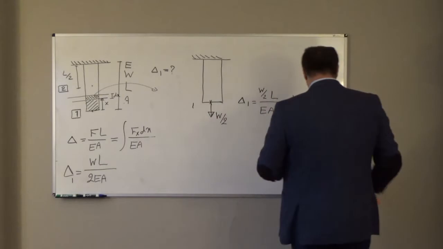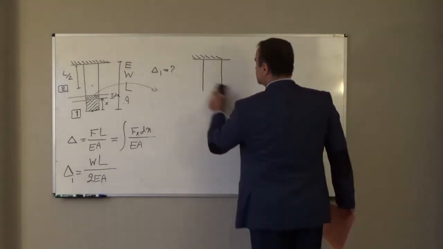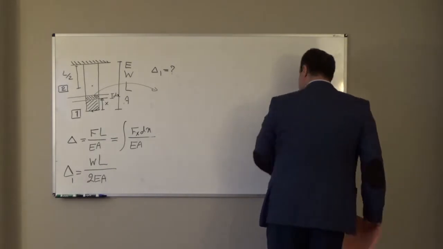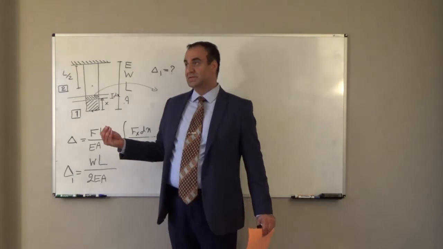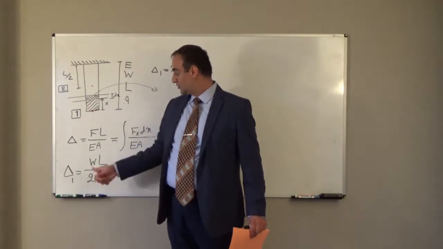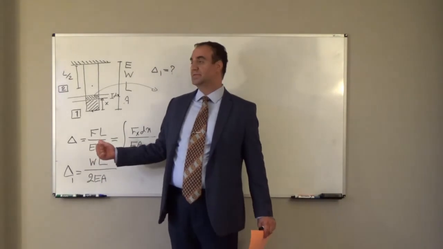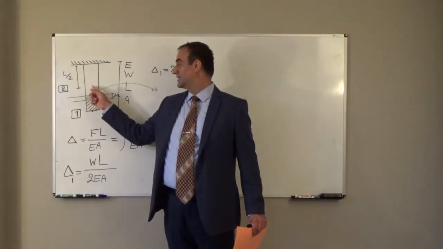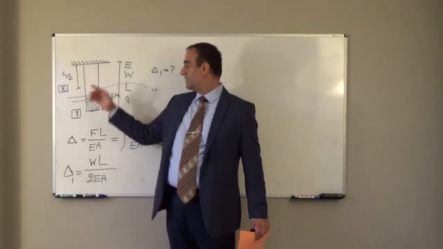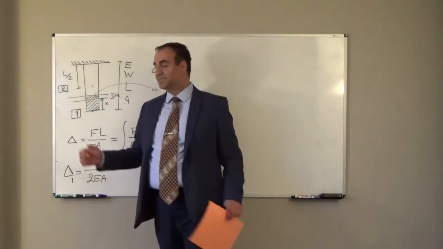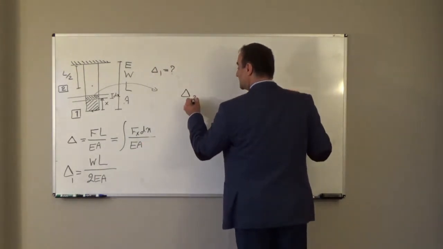Now, what will be the deformation at the midpoint? If we have the same rod hanging under self weight, we calculated the free end deformation: it is WL over 2EA, and W is the entire weight. How about the deformation at point 2? Point 2 is L over 2 from the top and L over 2 from the free end. So what is the deformation for delta 2?